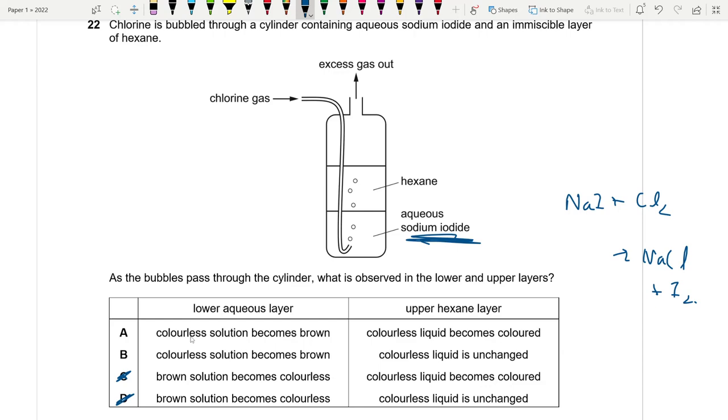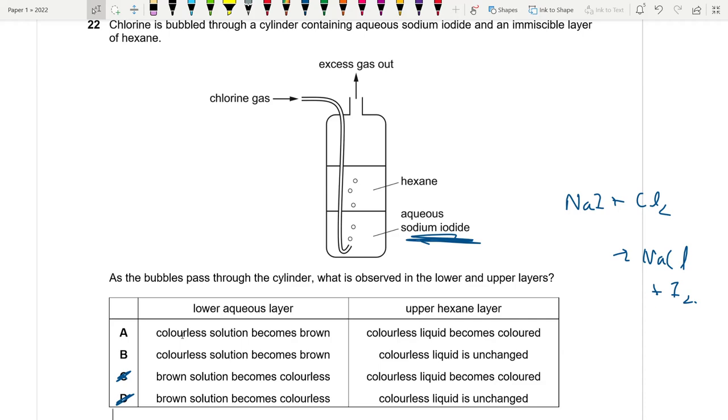What about the hexane? Hexane is an organic solvent. Do you understand? Hexane is an organic solvent. We actually use hexane to dissolve halogens.